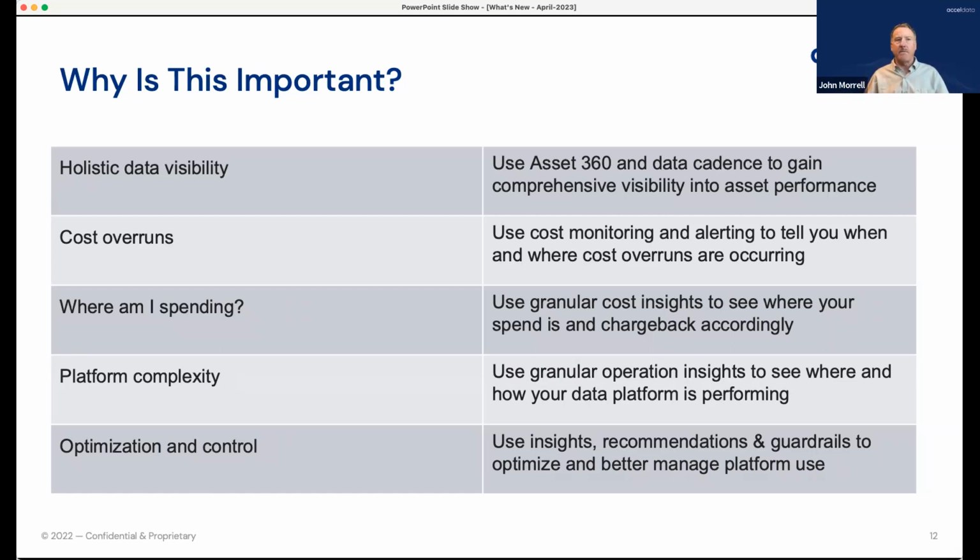You can also use these operational insights to see how your platform is performing, to help you better deal with the complexity of your platform and your overall data stack. And then lastly, we give you better optimization and control so that you can use things like recommendations and guardrails to optimize the way you want your platform to run.